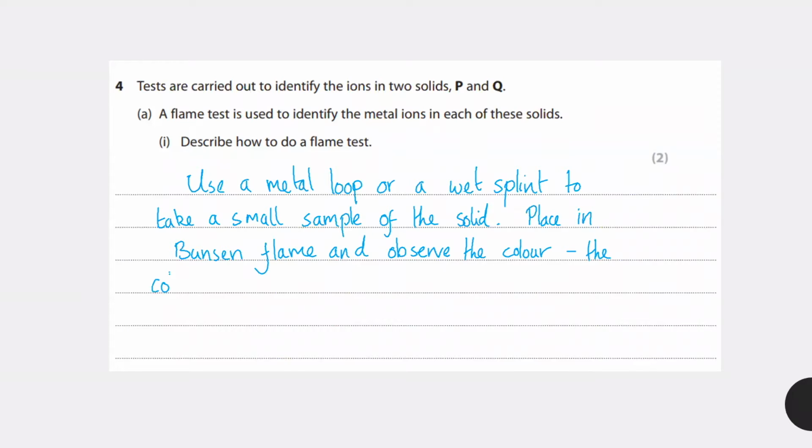The color indicates what metal ion is present.